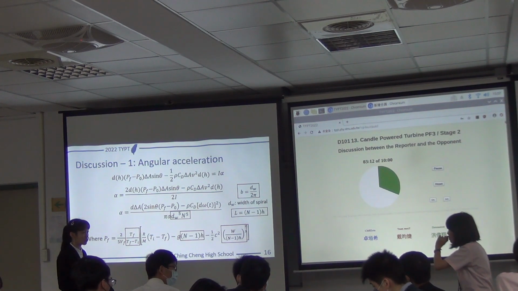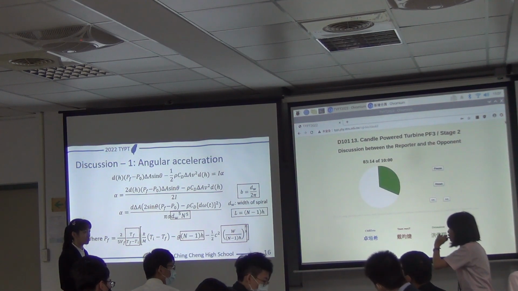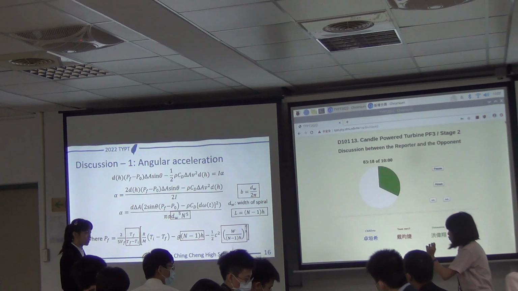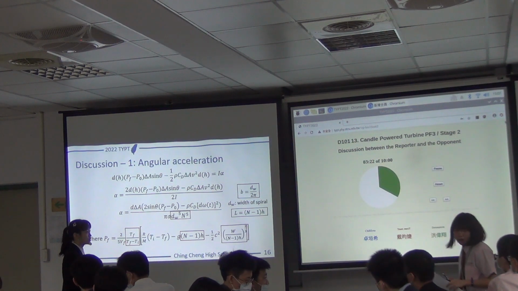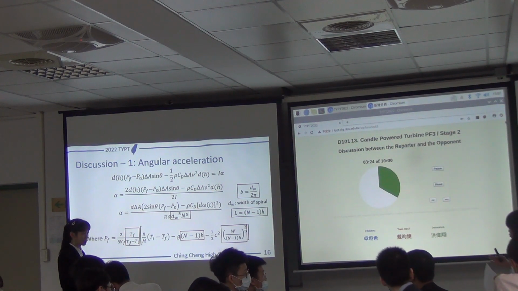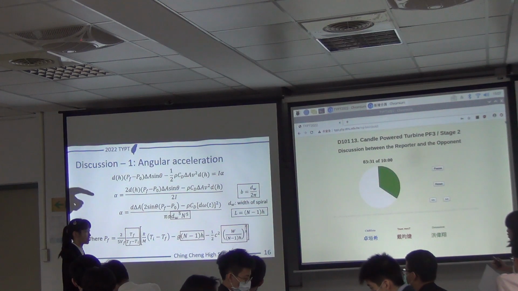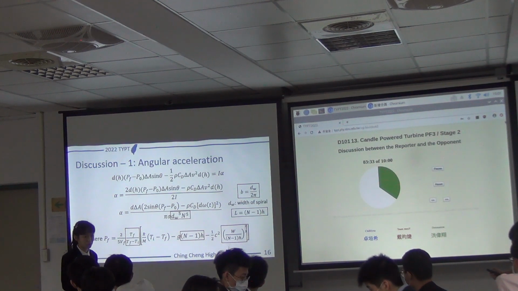So you're suggesting that there's actually a temperature change in a candle in time, and why do you think that is? I'm not really clear on why there would be a temperature change in the candle over time. It is not quite associated with our group.